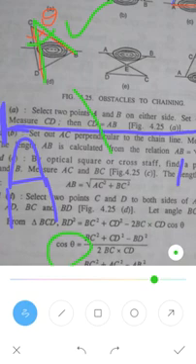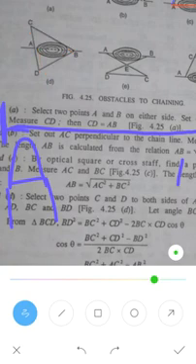After finding this cos theta, your ultimate aim is to find out the length AB. To find that AB length, after finding this cos theta, how to find it? Just remember this formula.